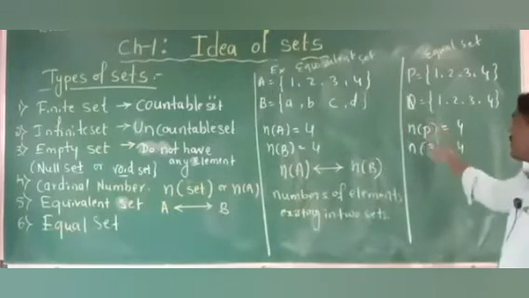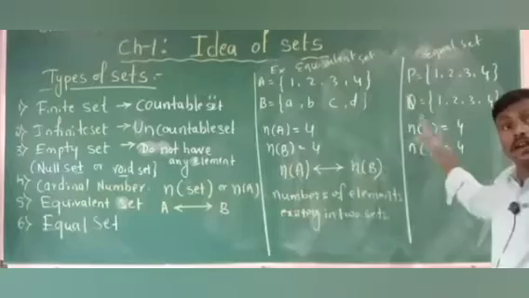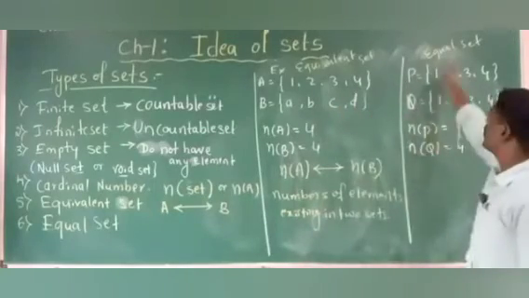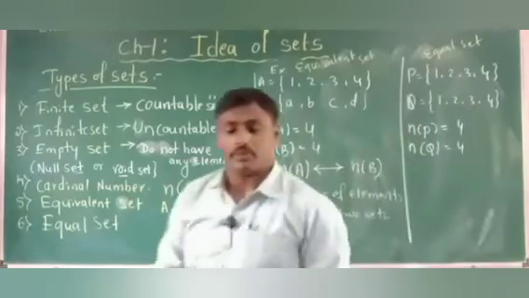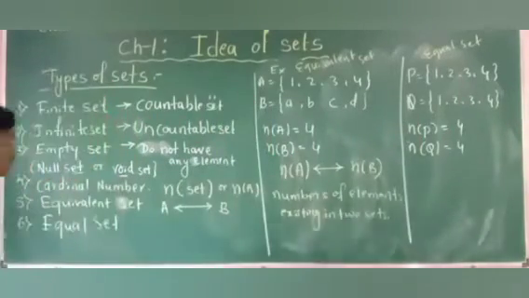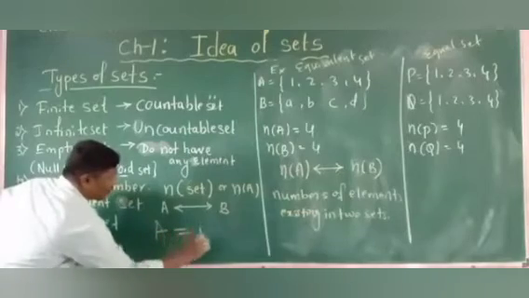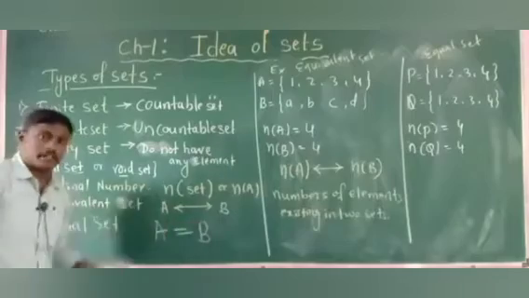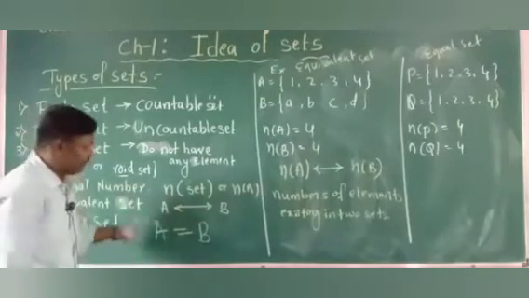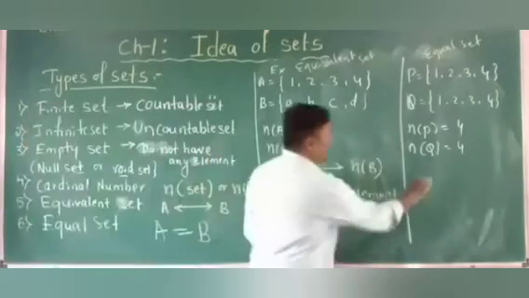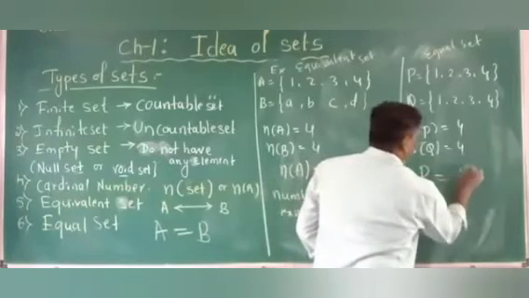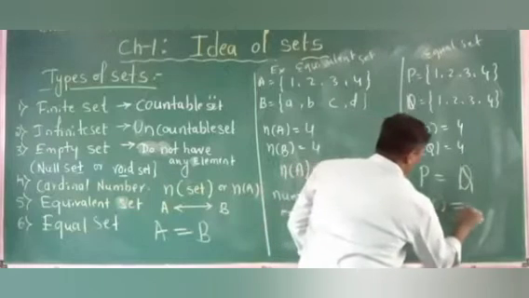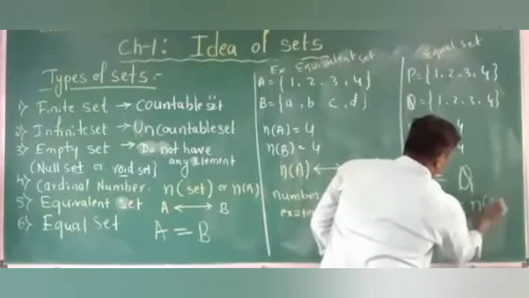If any two sets are having equal number of elements along with the same elements, then that type of sets are called as equal sets, and these equal sets are represented by the symbol A is equal to B. Set M is equal to set N, set P is equal to set Q. Here set P is equal to set Q. It means the cardinal number of set P is equal to the cardinal number of set Q.